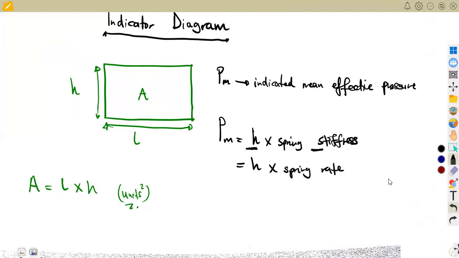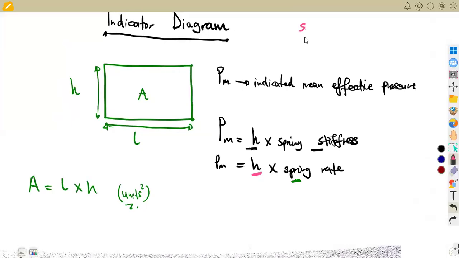Remember, we need the indicated mean effective pressure. The spring rate is the rate that we are given for the pressure, and it is given per unit height.